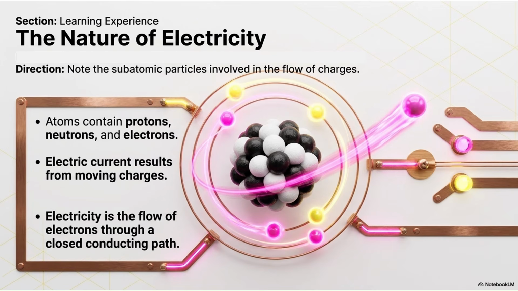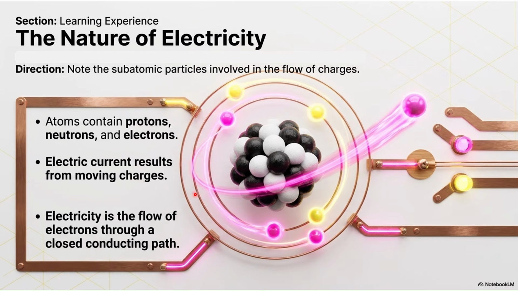The nature of electricity. Note the subatomic particles involved in the flow of charges. So as you can see, this is atoms that contain protons, neutrons, and electrons around its orbit. Electric current results from moving charges.